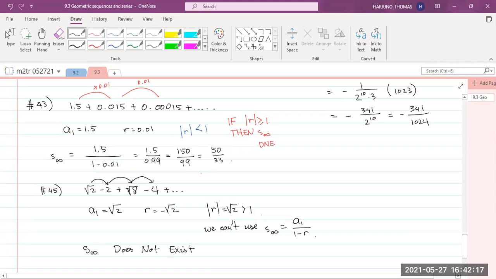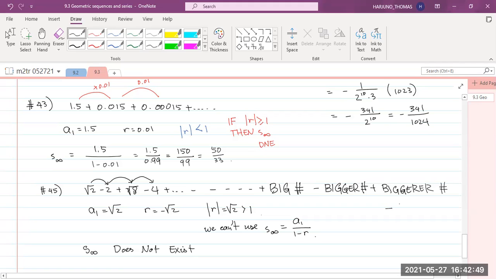Because as this grows very, very big, sometimes it is plus a big number, and the next term is even bigger, a negative bigger number. And after that, you add a bigger number, and after that, you subtract the bigger number, right?